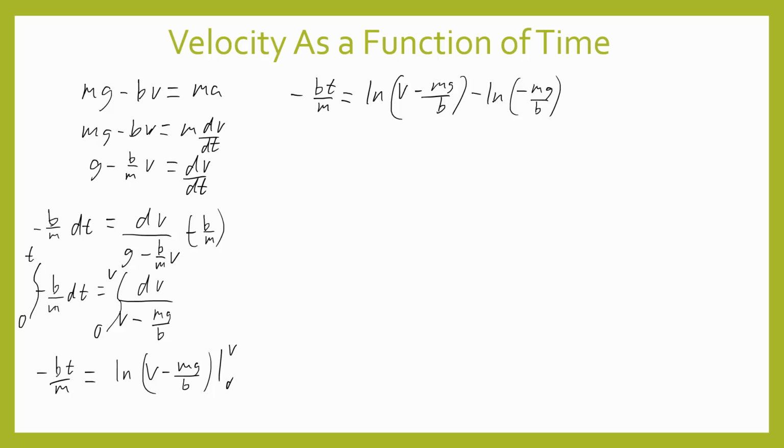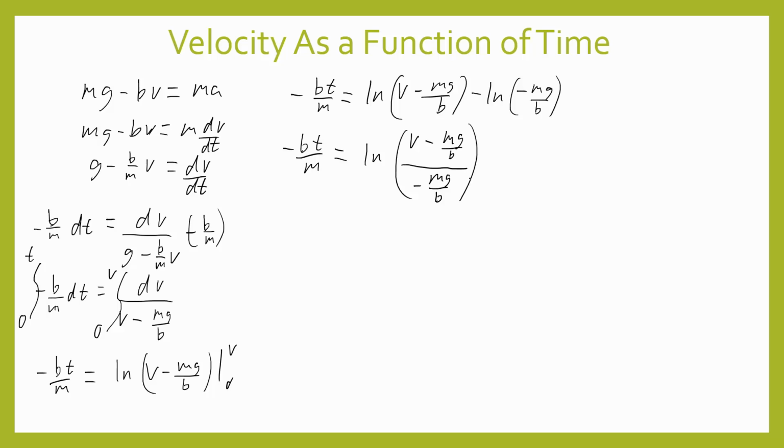Okay, and then if we are subtracting natural logs, that's the same as dividing inside the argument. So we get this guy, natural log of v minus mg over b all over negative mg over b.